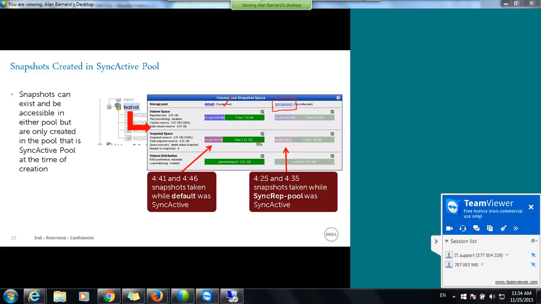And then after that, you do a switch over and the default pool becomes sync active. And then you create two snapshots, 441 and 446. So how many snapshots do you have? You have 4 in total. However, you can only access 2 at a time, depending on which particular pool you are on.